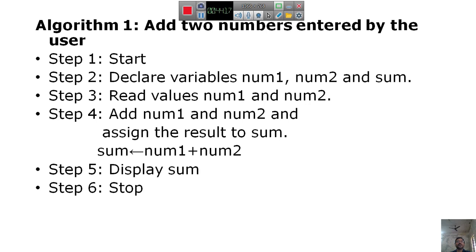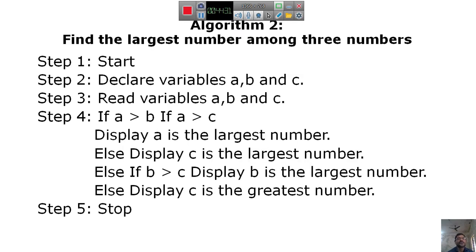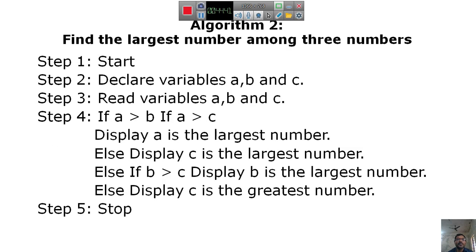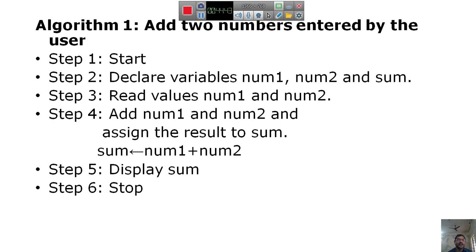This is a simple way of writing an algorithm for adding two numbers. Like that, some other algorithms are finding the largest number and the factorial of a number. Okay. So these are the algorithms.